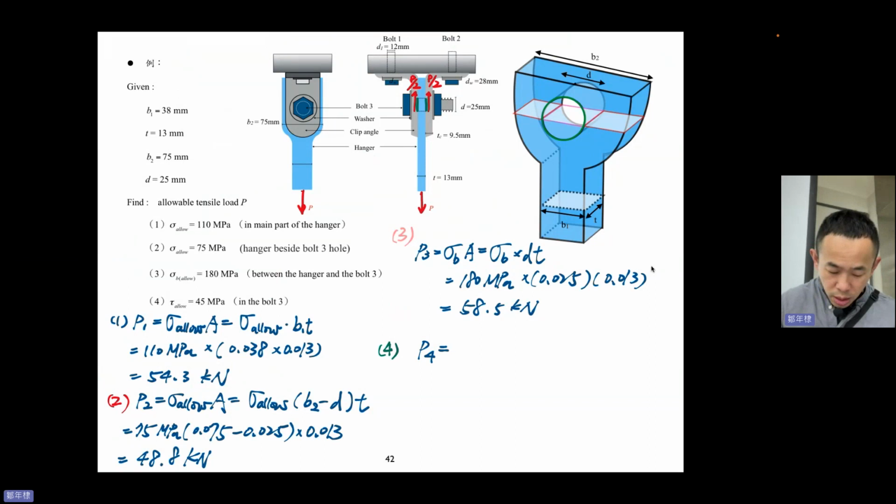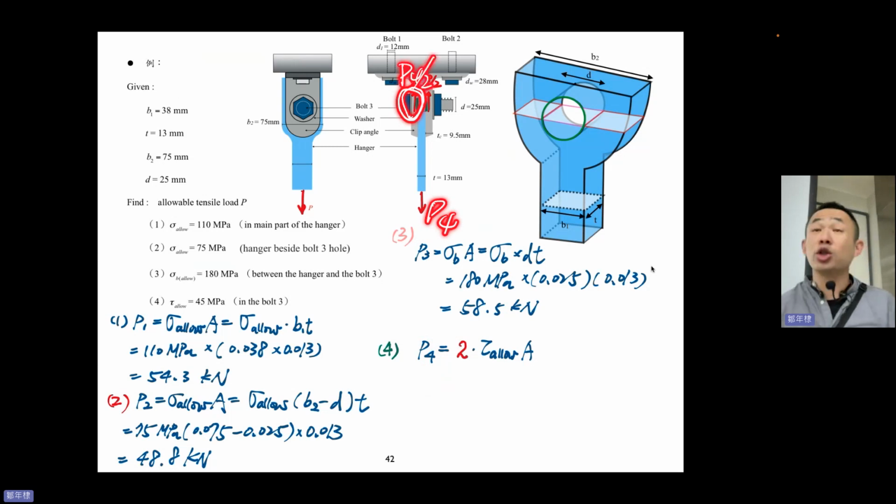Right, so you should have two times tau allow A. Why two? Because these two go here, because it's a half P4. If this is P4, if you go to here, it will be P4 divided by 2.